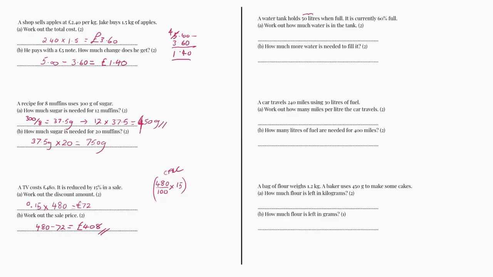We've got 50 litres and 60%. So we've got a percentage. So I'm going to do 50 divided by 100, and I want to times it by our percent, which is 60, which gives us 30. So that's 30 litres.